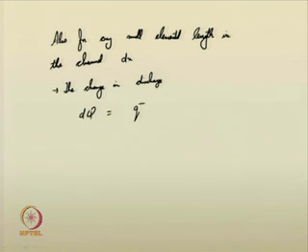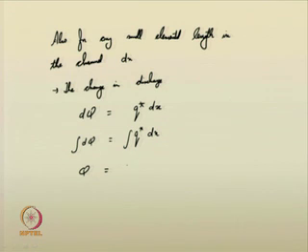This is nothing but equal to q star into dx. So, this quantity can be easily integrated: dQ is equal to q star dx, or you will find that discharge at any section along the channel, Q, will be nothing but equal to q star into x, because q star is independent of length x. So, therefore, you can take it out and the integral of dx will give you x.